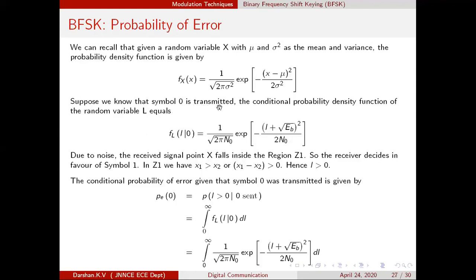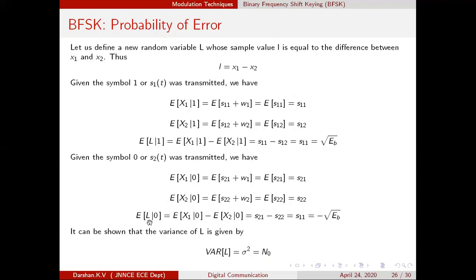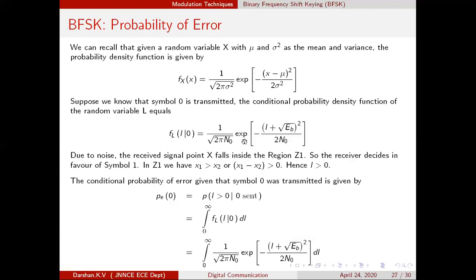The condition is that symbol 0 has been transmitted. So the mean of the random variable under symbol 0 transmission is minus root Eb. And the variance, for both transmissions, is constant, that is N naught. Substitute the expressions and you are going to get this term f_L(l given 0). This is the conditional PDF.